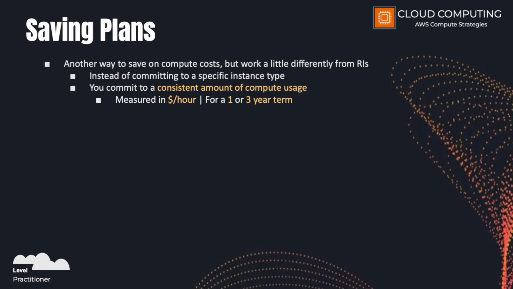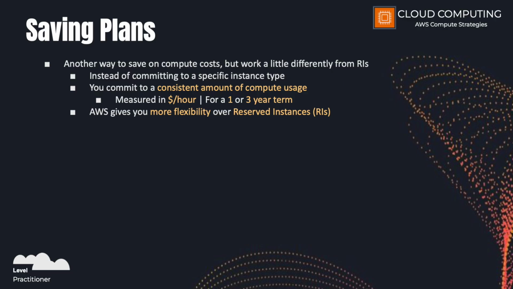The big difference here is flexibility. With reserved instances, you're locking in a specific instance type in a specific region, but with savings plans, AWS automatically applies the discount to whatever matching compute you're actually using as long as you stay within your committed spend.